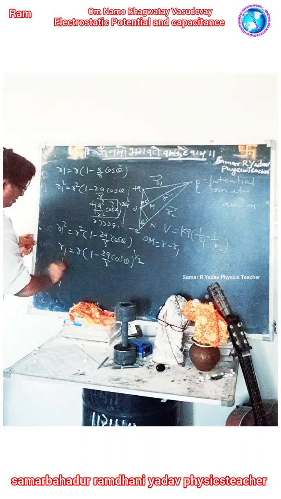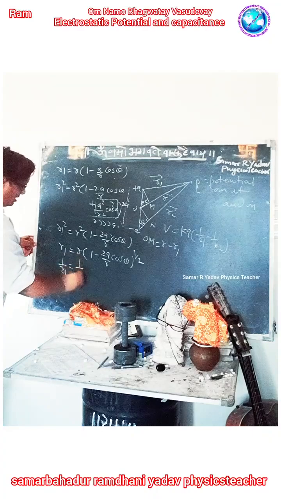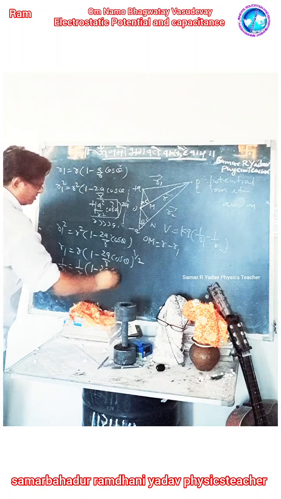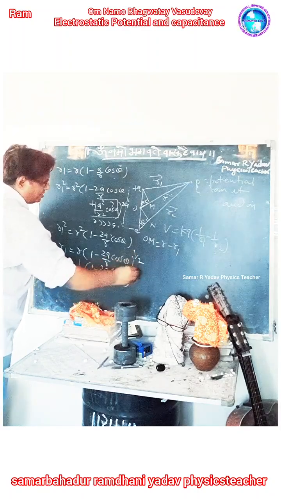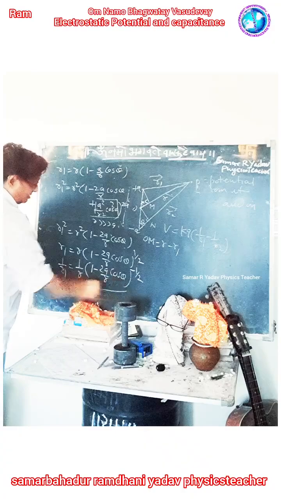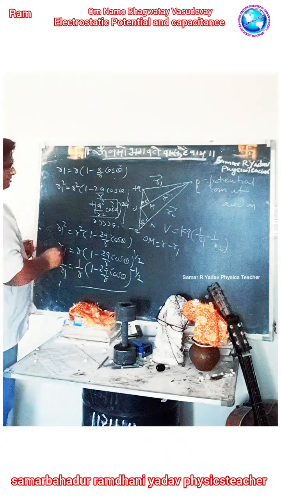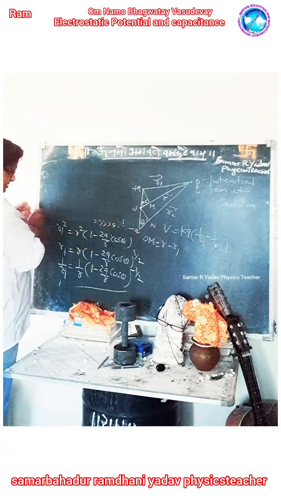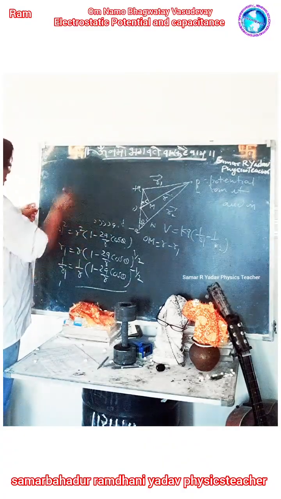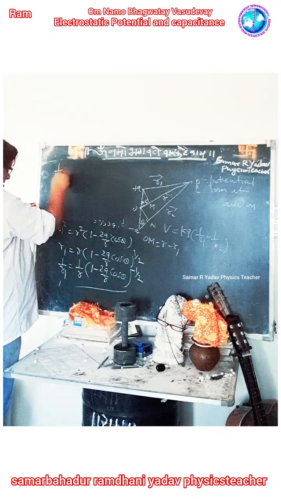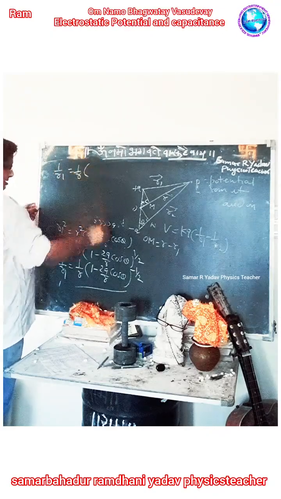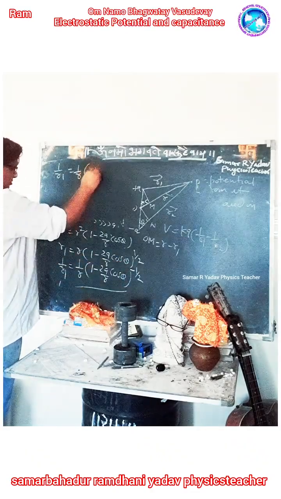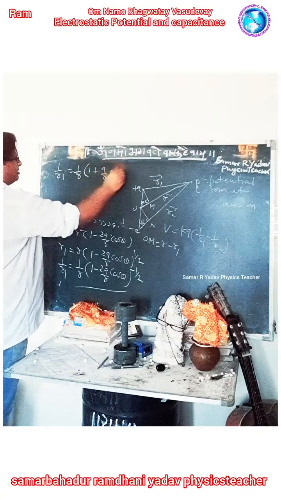Now we can take 1 upon r1 equal to 1 upon r times 1 minus 2a upon r cos theta raised to minus 1/2. Now using the binomial theorem and writing only two terms, the higher terms will be neglected. Finally we get 1 upon r1 equal to 1 upon r; the 2 will be cancelled, minus minus is plus, so 1 plus a upon r cos theta.